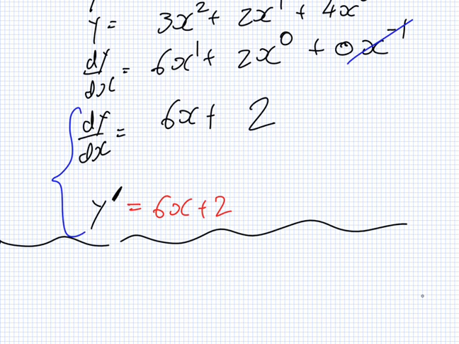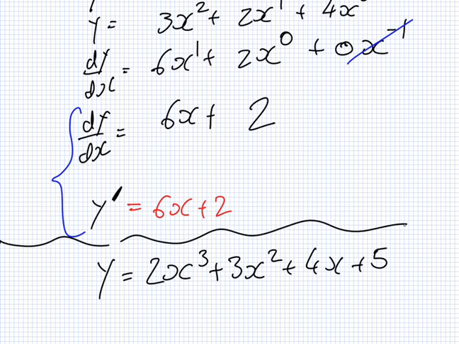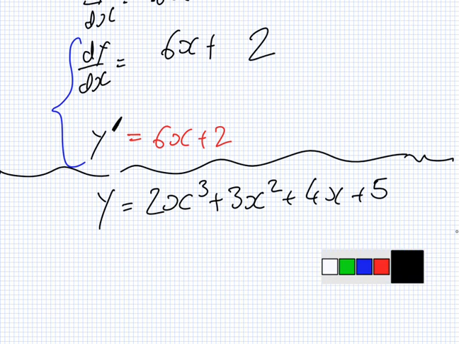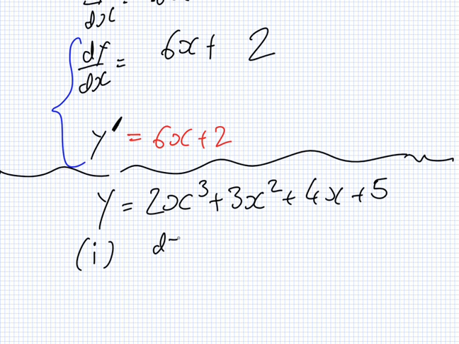Okay, let me give you one to try, and then I'll do it. So let's say y equals 2x cubed plus 3x squared plus 4x plus 5. So you try this one for me. So actually, yeah, I'll write it down. So first, I want you to find dy dx, and then secondly, I want you to find dy dx when x equals 1.